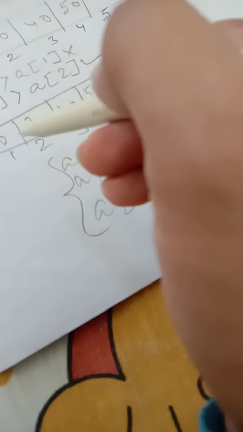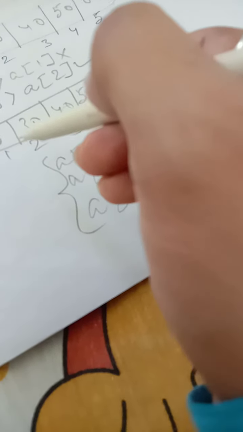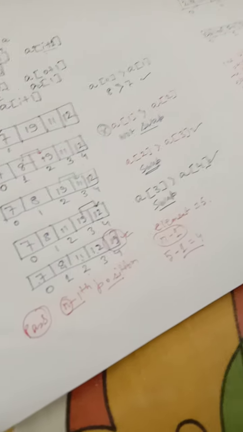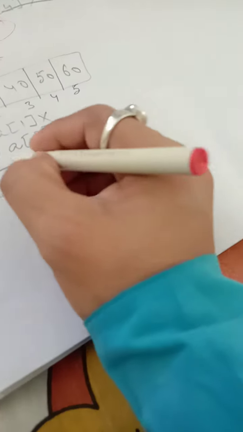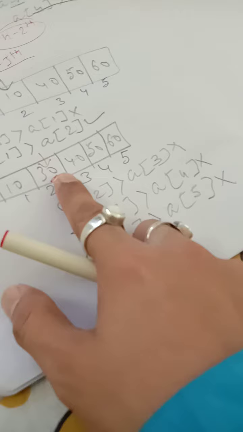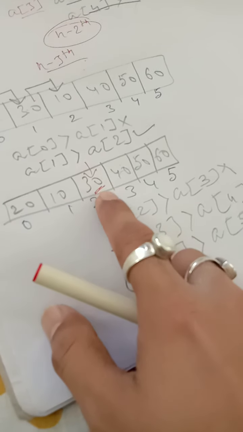So we again see, on the very first, second, what is the pass? This is my first pass, second pass, third pass, this is the fourth pass. That is, element number 30 is kept in its relevant position.